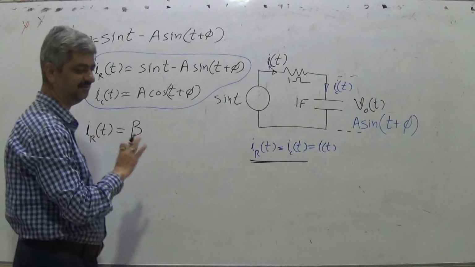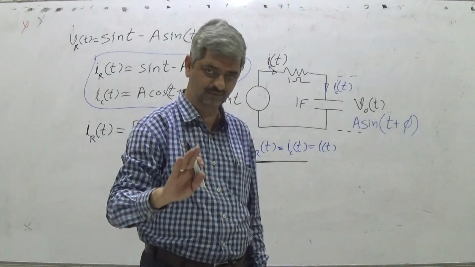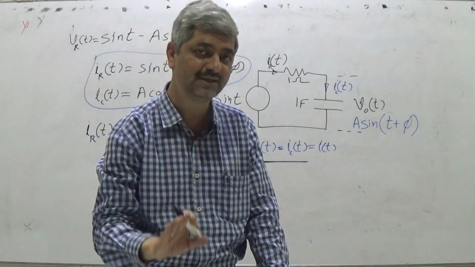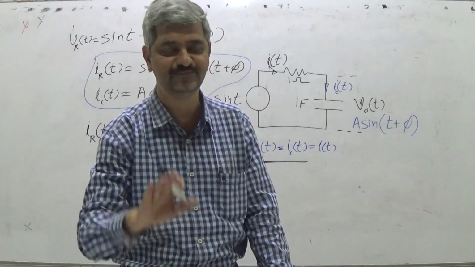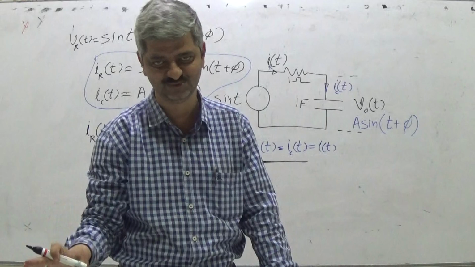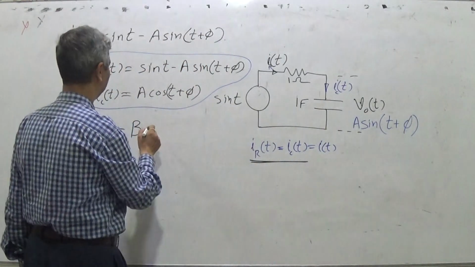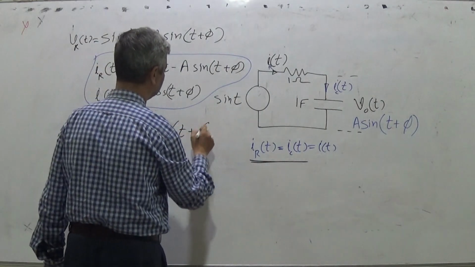I will not spend time on this in the class. You are supposed to think on your own, and I am sure that if you revisit 11th standard textbooks, or just do a Google search, you can find it in the form B cos(t + θ).